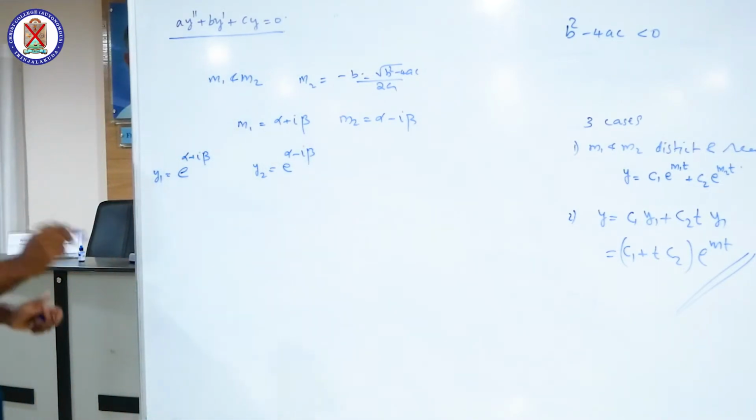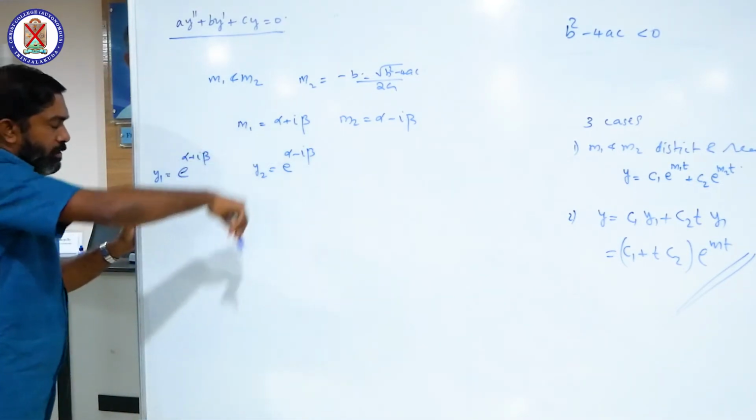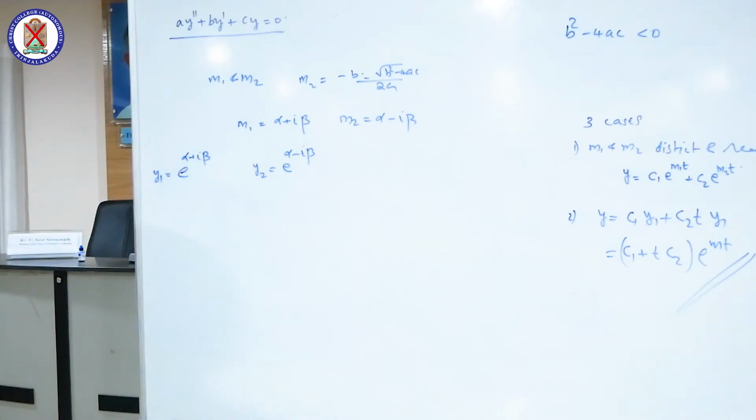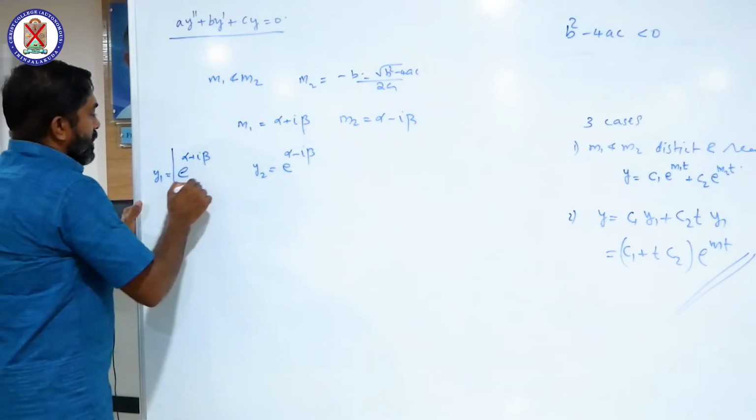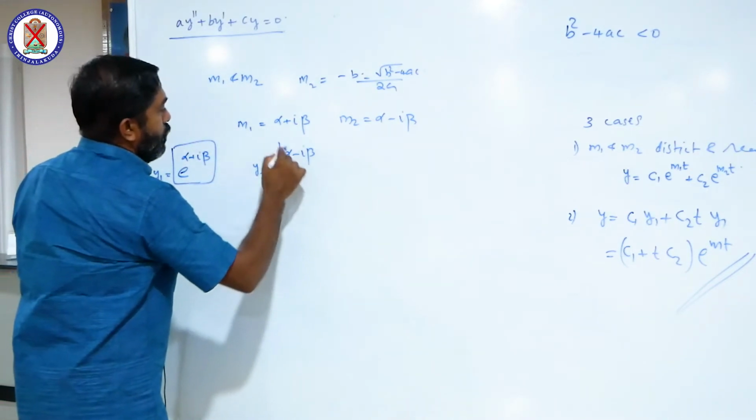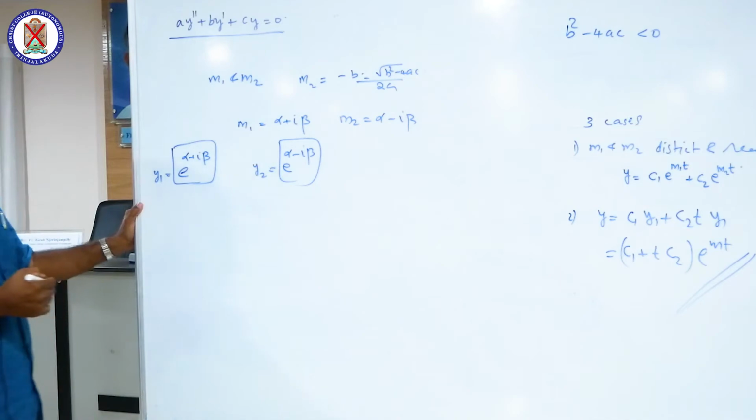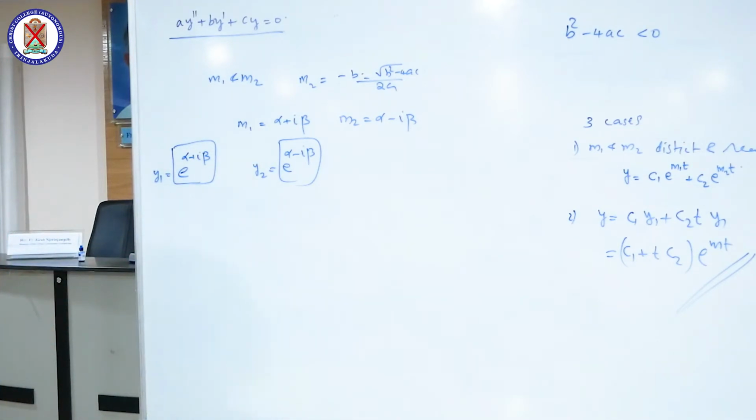So c1 y1 plus c2 y2, we can verify its determinant value is either 0 or not. Anyway, we are considering a real valued function y here, so we need its solution as a real function.